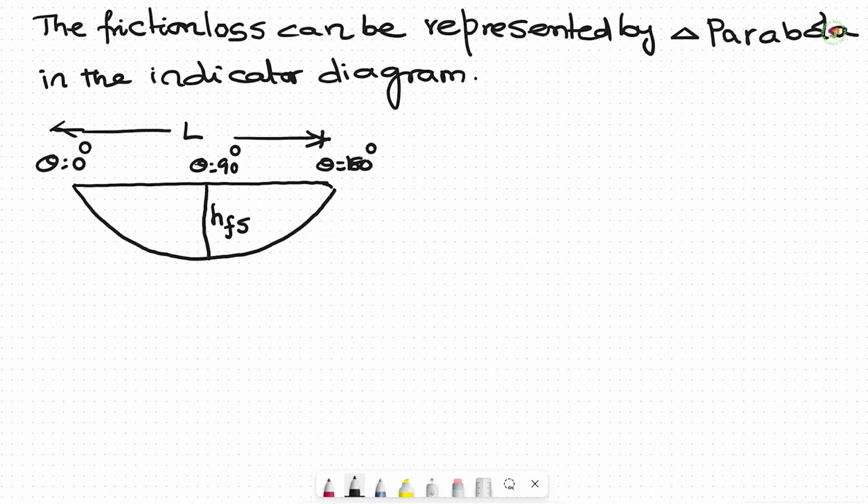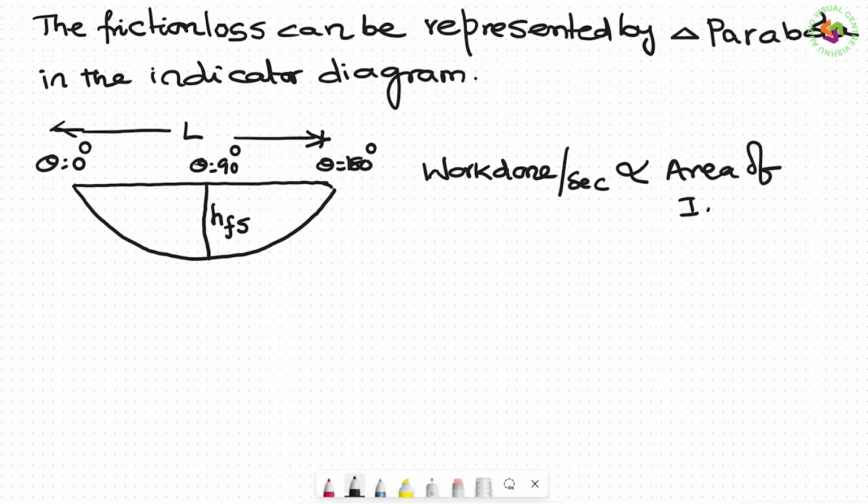Now basically the work done per second is proportional to the area of the indicator diagram.